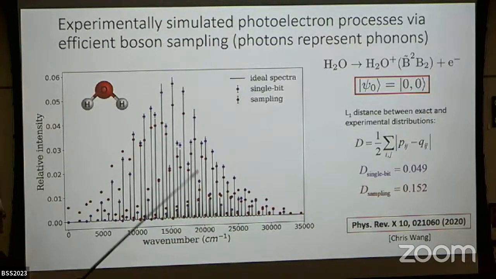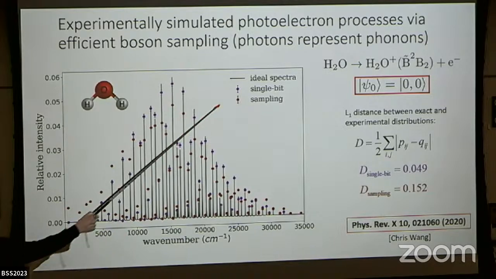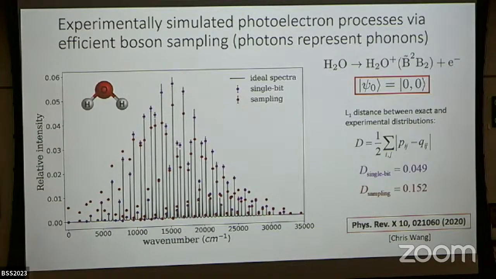So each of these black lines is calculated on a classical computer. It's the exact answer. It's basically a more complicated version of this Poisson distribution. And the purple data points are the slow method of measuring the number of photons.